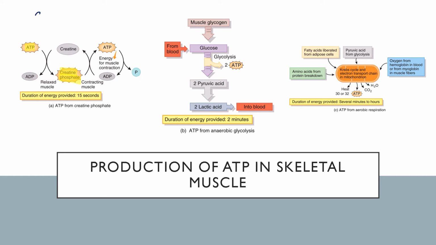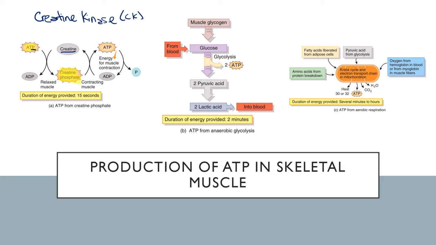Now, the enzyme creatine kinase, this is also sometimes abbreviated CK. Creatine kinase is an enzyme that catalyzes the transfer of one of the high energy phosphate groups from ATP to creatine.